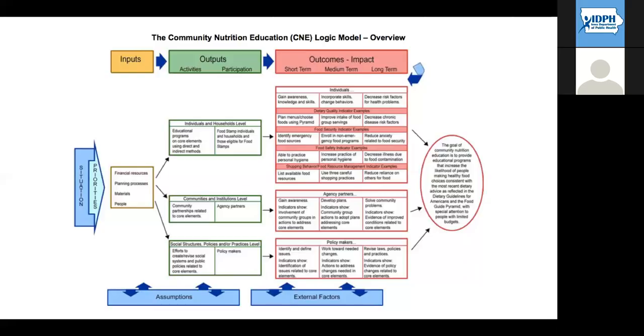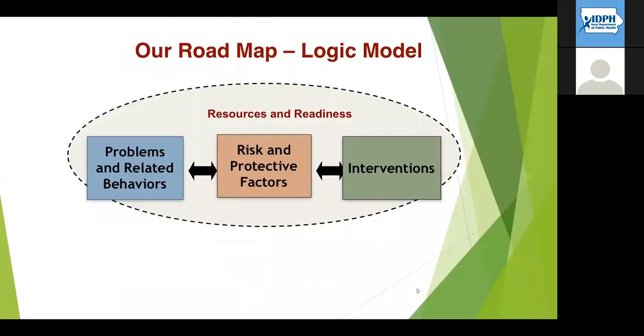So the assumptions are those pieces that show the rationale why you think this is going to work. The external factors are really important when we get to evaluation. And we'll talk about those external factors in just a minute when we talk about evaluation. But this is an example of a community level logic model.